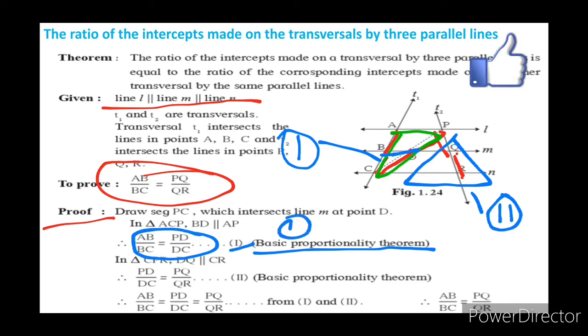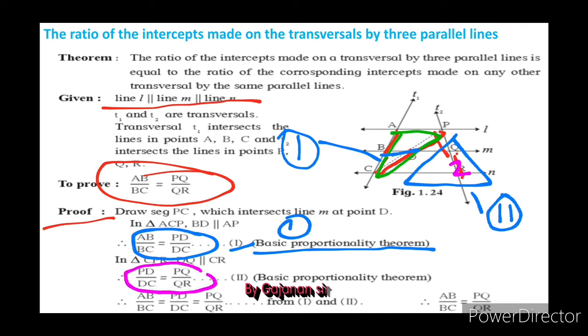Now similarly to the triangle, this one, triangle 2. After applying the basic proportionality theorem we can say that PD upon DC equal to PQ upon QR, given as equation number 2.